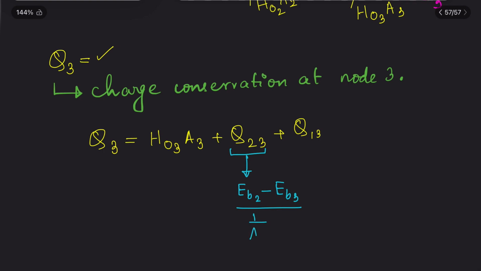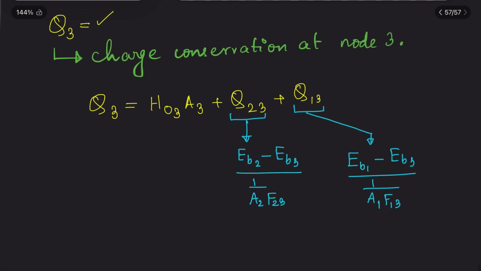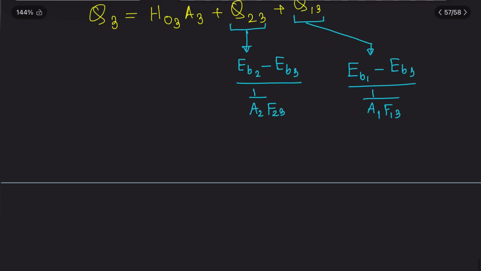R23 is 1 by A2 F23. Similarly, Q13 is EB1 minus EB3 by 1 by A1 F13. Fine.